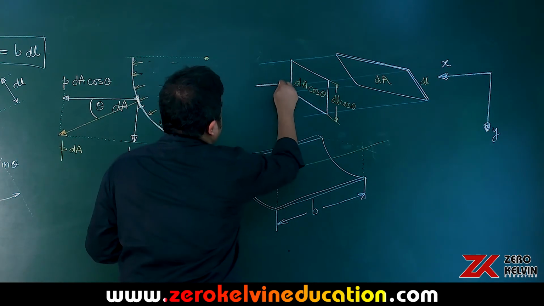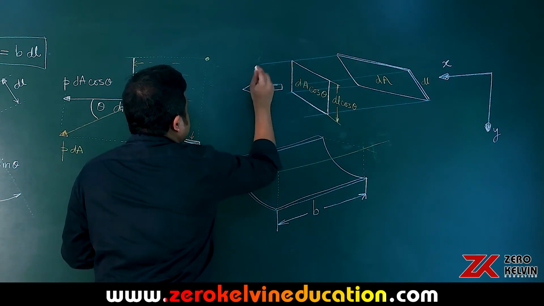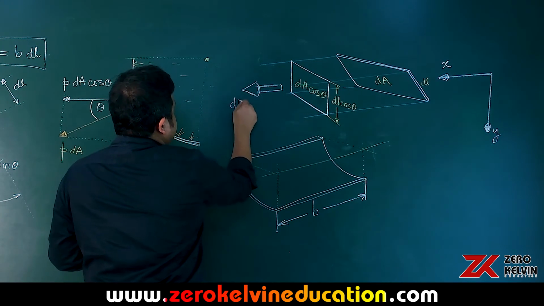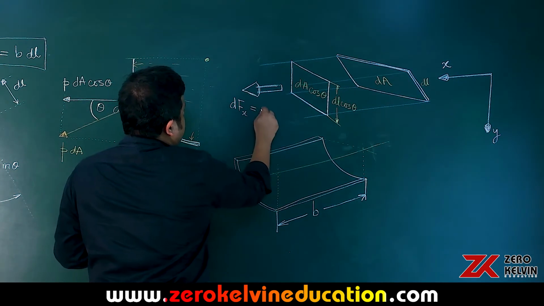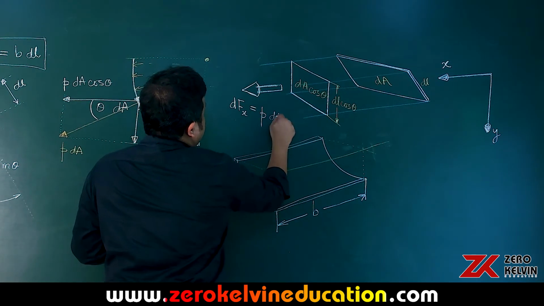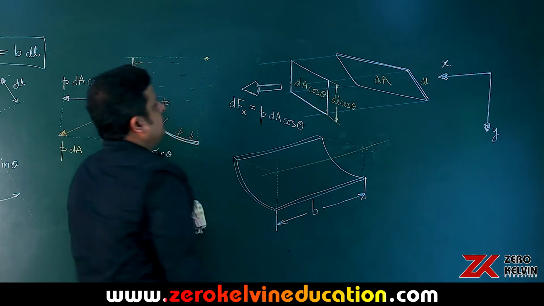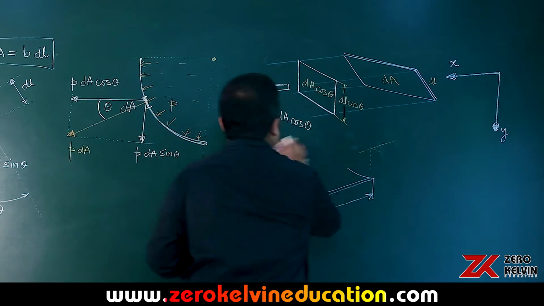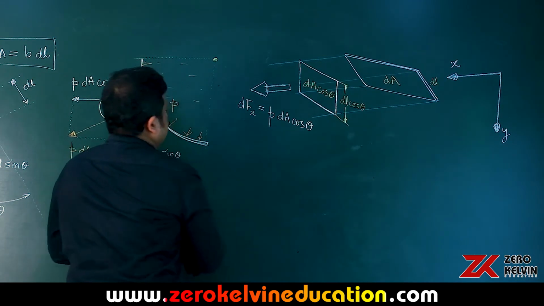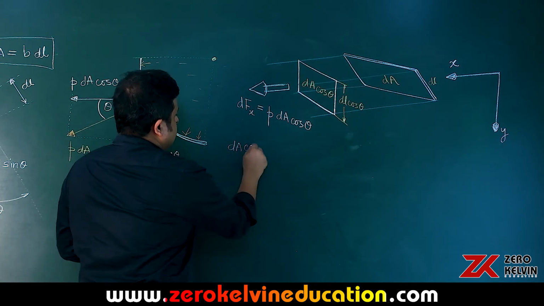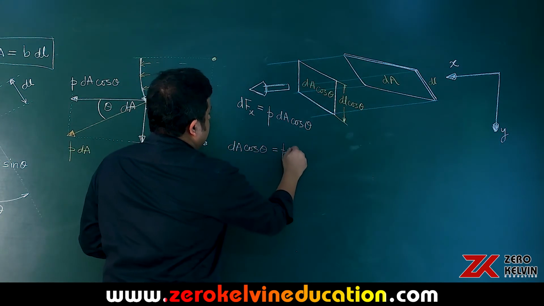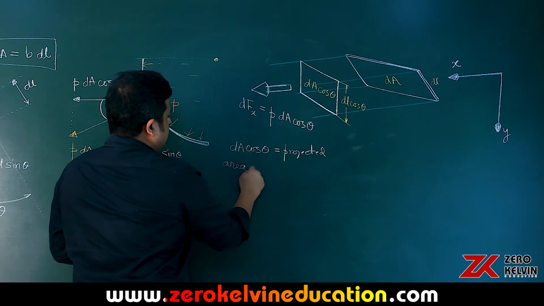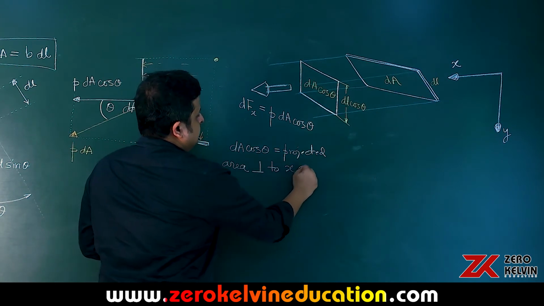So I will make it dFx is equal to pressure multiplied by dA times cosine theta. Now this dA cos theta is the projected area perpendicular to the x-axis.